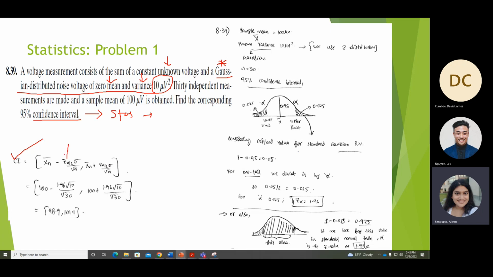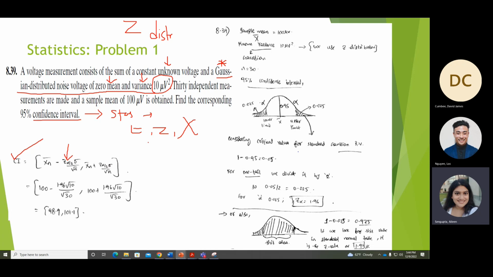So why is this important? Why is it important to first come to the conclusion that this is a Z distribution, even before starting the problem? Because when you look up the table, eventually when you do your entire calculations, it's either T or Z or chi.